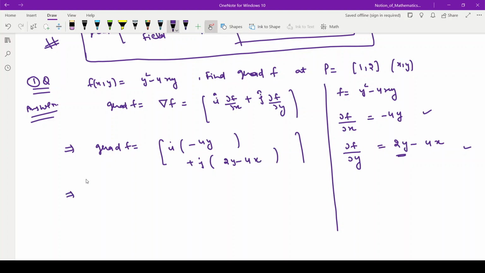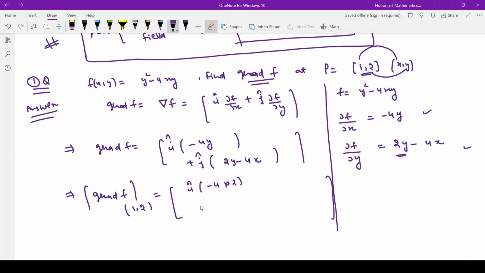But in our question we have to find the gradient at some point, and the point is (1, 2). (1, 2) means x is 1 and y is 2 in this regard. So how to find the gradient of f at the point (1, 2)? It is i cap, and also j cap. So I am putting the values here: i cap minus 4 into 2 plus j cap 2 into 2 minus 4 into 1.